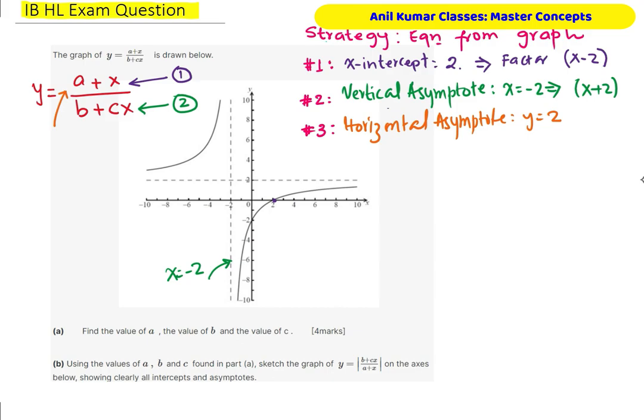Let me call this some k, which is equal to 2. You get the idea. So these things give us the equation.